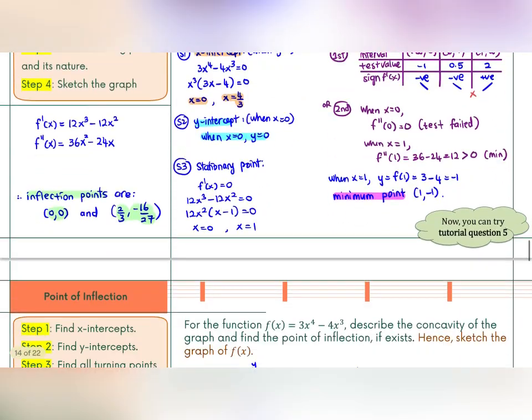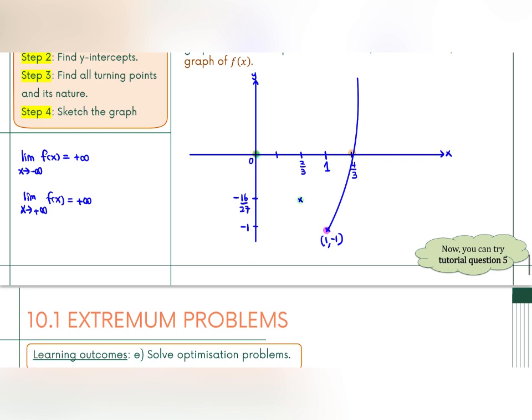Okay, so dekat sini, upward, downward, upward. So, kita akan gabungkan dia. Okay. So, upward. Dia nak concave up. Upward. And then dia gabung concave down. And then dia up lagi. Lebih kurang macam tu lah.